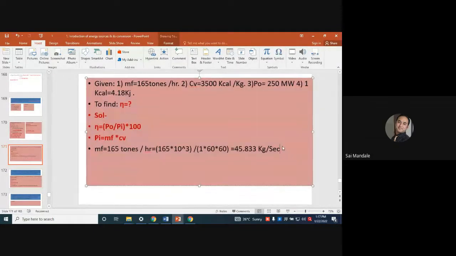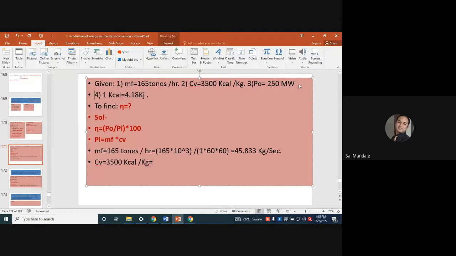Now CV is given to me, it is 3500 kilocalorie per kg, but I don't want that in kilocalorie per kg. I want it in kilojoule per kg. So 1 kilocalorie is equals to 4.18 kilojoules.